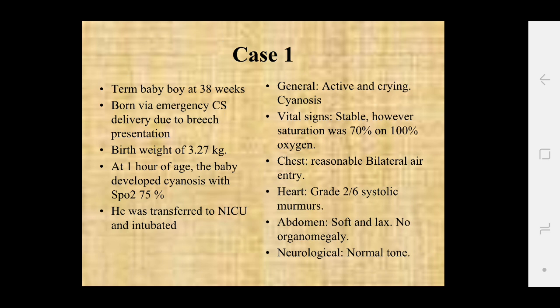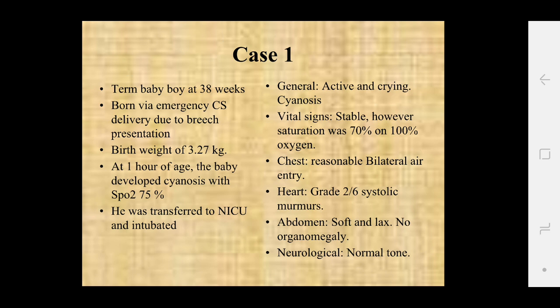At the age of 1 hour, the baby developed cyanosis with saturation of 75%. He was transferred to NICU and intubated immediately. Before intubation, he was crying, but severely cyanotic.